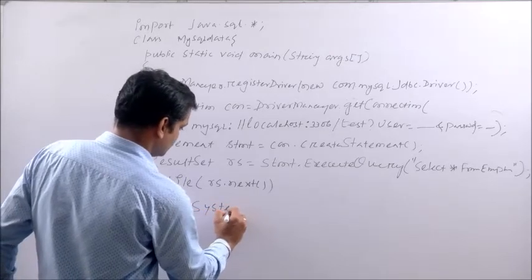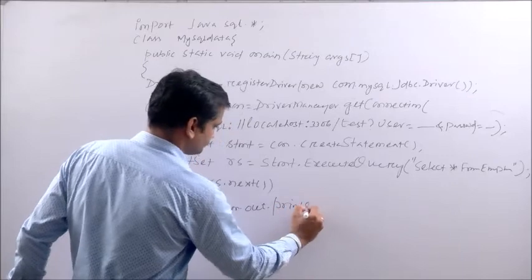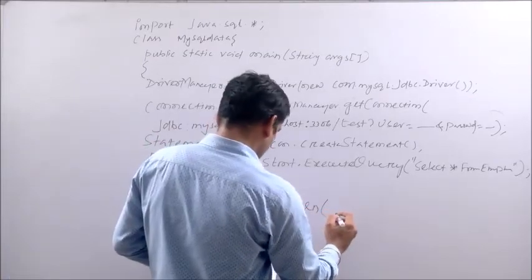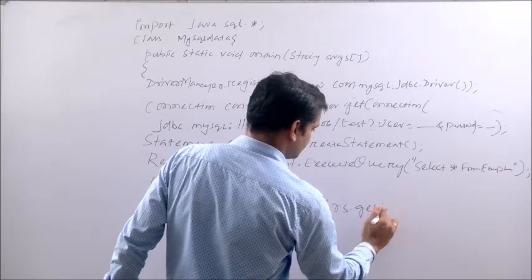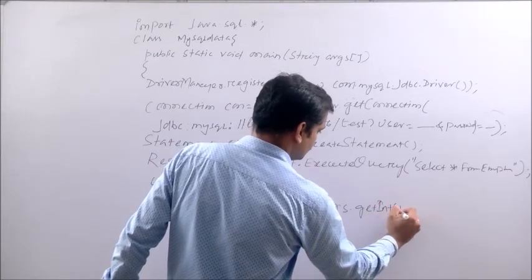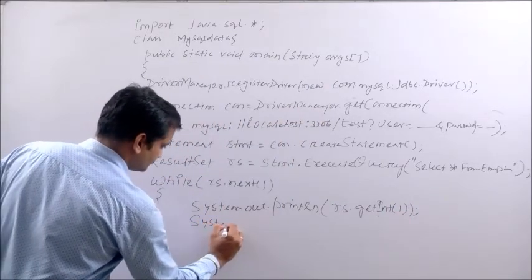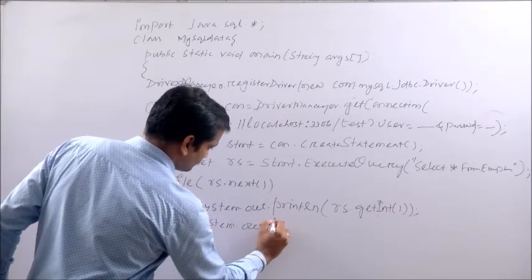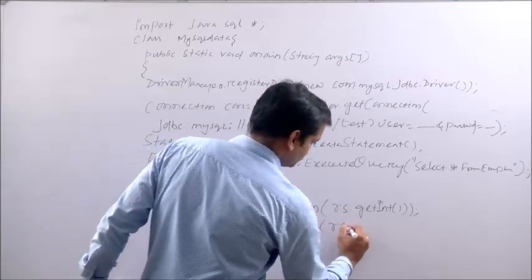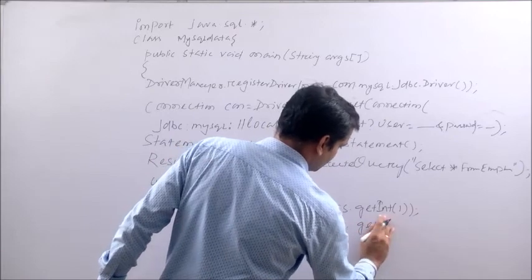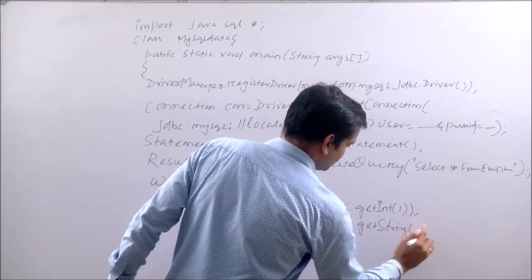So what you do here: system.out.println, you display the first, that is get int, and it is going to give you the employee number. Then next, system.out.println, this is going to give you the employee name. getString is the method you can use for that, and this is the second column.